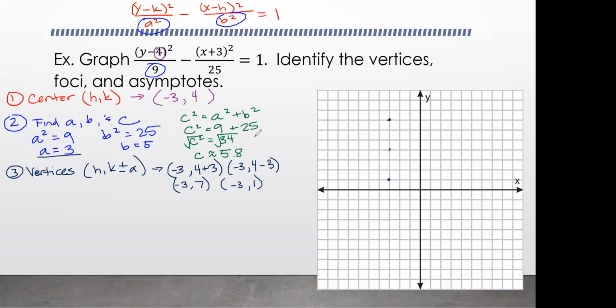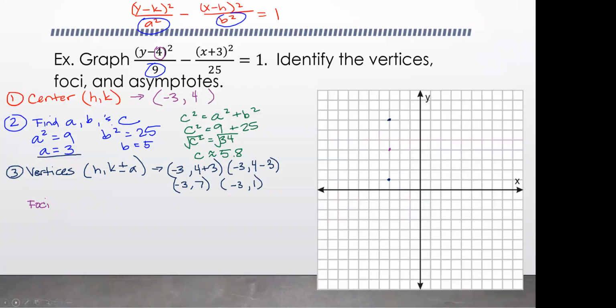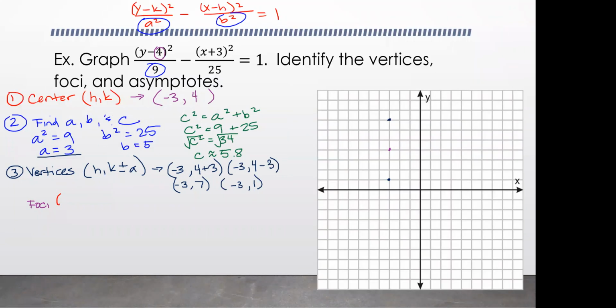All right, so then to find my foci, going back to this chart, for foci, it's right here. It's h comma k plus or minus c, plus or minus c this time. So I will write it over here. For foci, I have h and then k plus or minus the value of c.